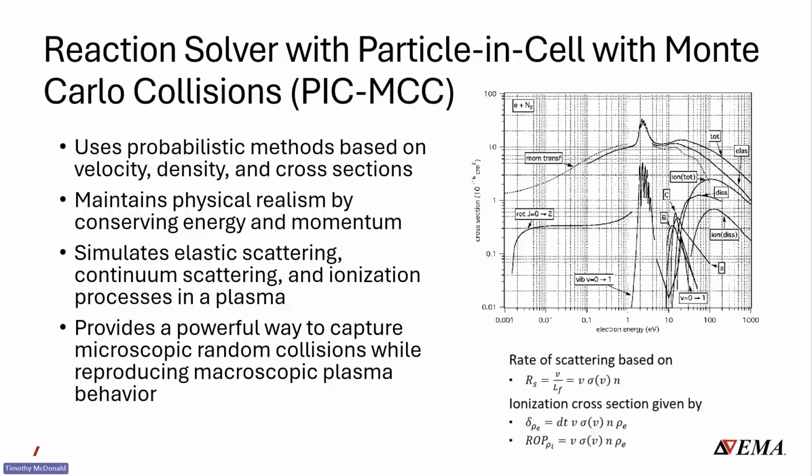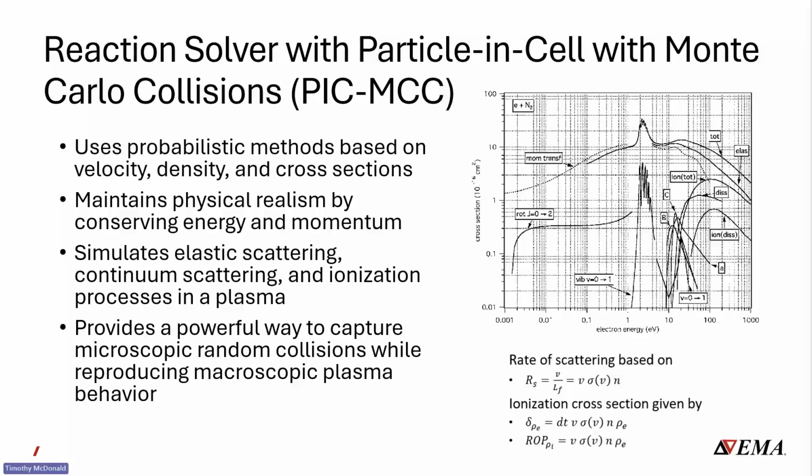And then we've got continuum scattering and ionization. First, the continuum scattering. This describes elastic scattering processes where the incident particle is deflected but remains in the same energy band, for example, electron-neutral elastic collisions. Also, ionization cross sections. At higher energies, collisions may result in ionization. The solver uses tabulated or fitted cross-section data to determine the likelihood of ionization events, which then creates secondary charged particles.